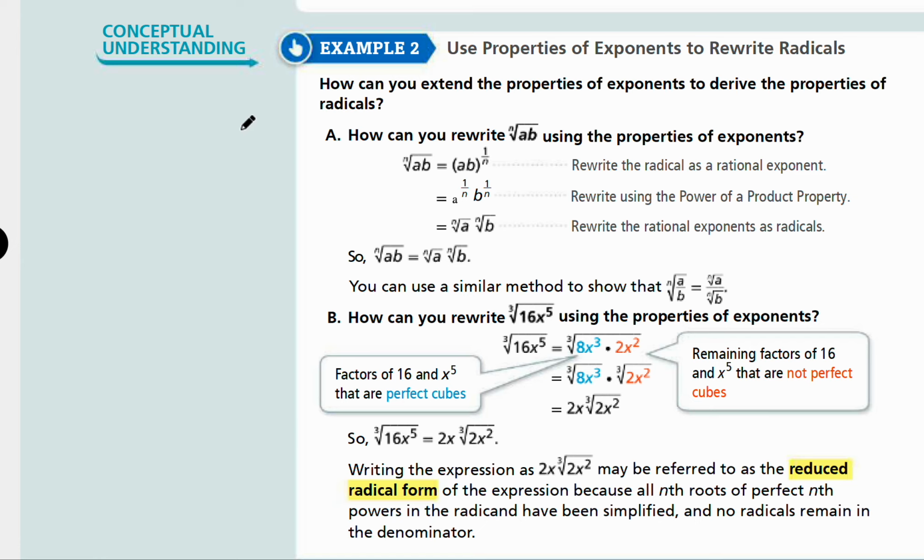One form is to be able to write it as rational power, but first of all, we can use rational exponent to write it as power of 1 over n. And then we can distribute that power using power of product property. And then you can rewrite as radicals.